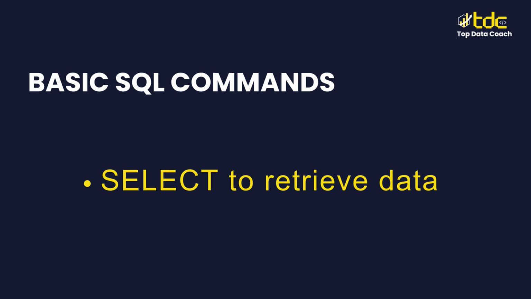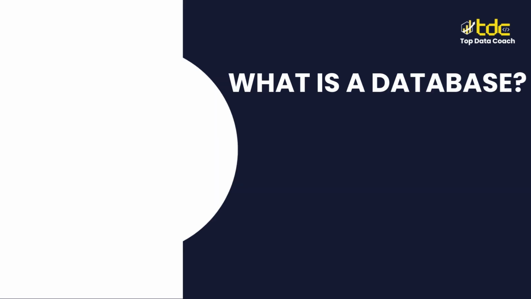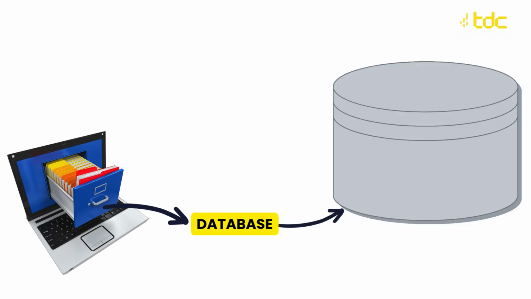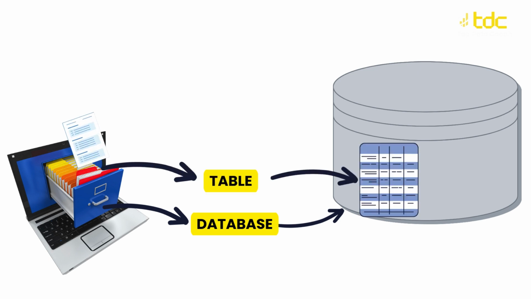command. Now to understand how the select command works, you first need to understand how the data is stored within a database. So let's recall what we have discussed in our first introduction video about database. Database is a super organized digital filing cabinet where your cabinet becomes your database. The files which you put in the cabinet becomes your table.